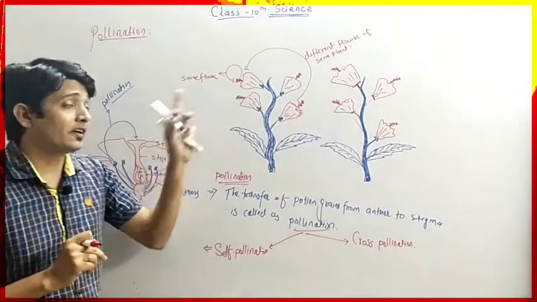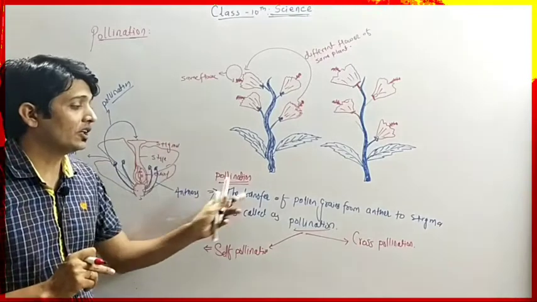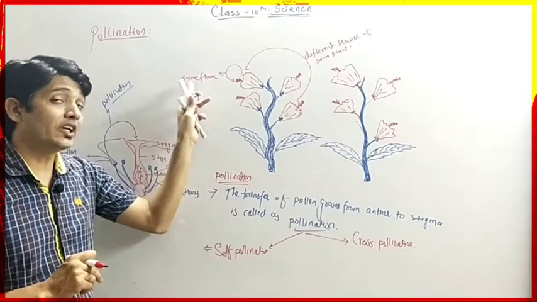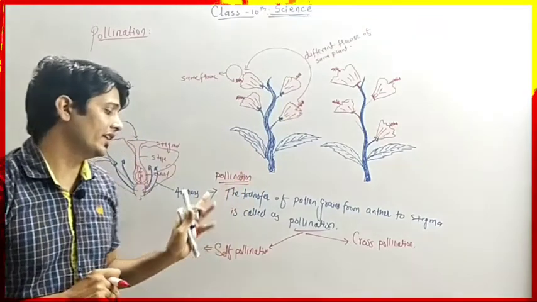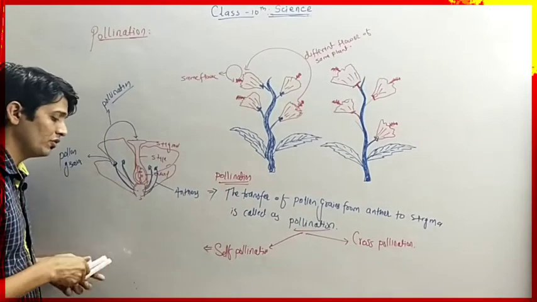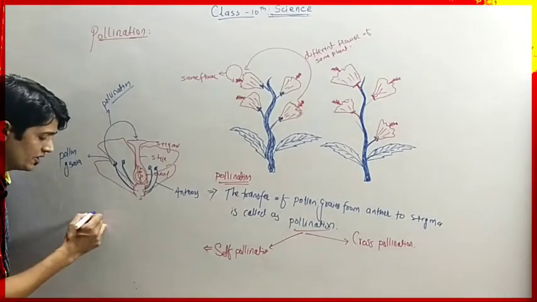The transfer of pollen grain from anther to stigma of the same flower or different flower of the same plant is called self pollination. So we have to write the definition also. What is self pollination?